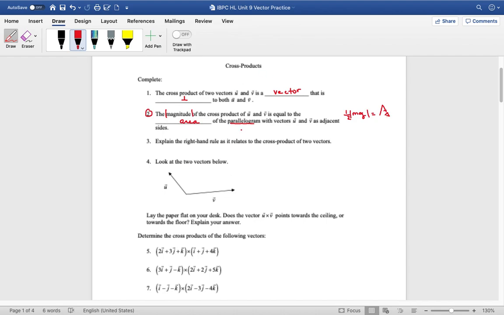And then we just had a video to, right, kind of explain the right-hand rule. So to explain the right-hand rule, all I'm looking for you to say is, right, that firstly you are using the right hand. That's number 1. Number 2, right, that you're laying fingers on the first vector of the cross product.